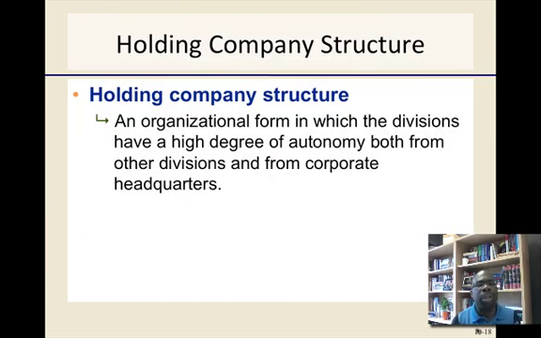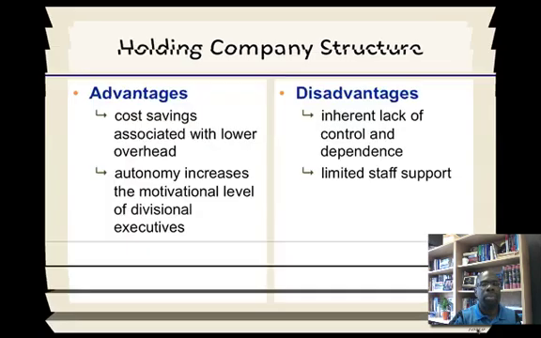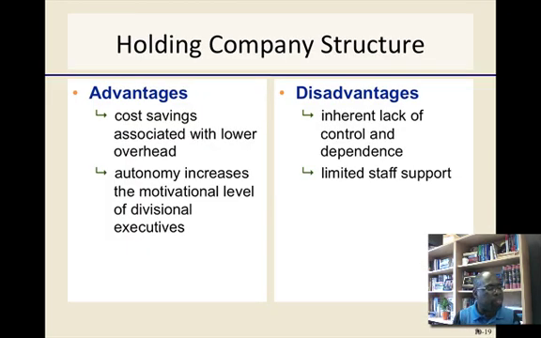The holding company structure is also another form of the multi-divisional form of organization. And it is an organizational form in which the divisions have a high degree of autonomy, both from other divisions and from the corporate office. The holding company structure is also appropriate when the businesses in the company's portfolio do not have much in common.